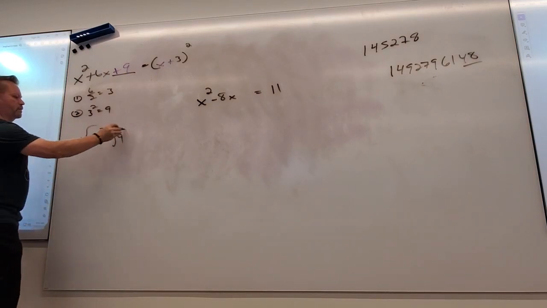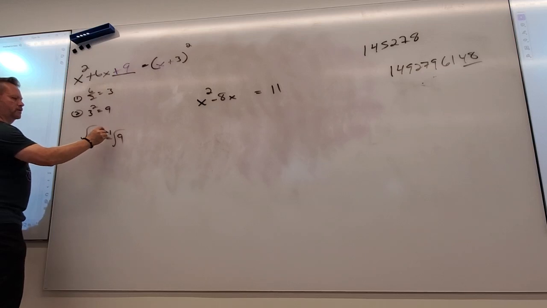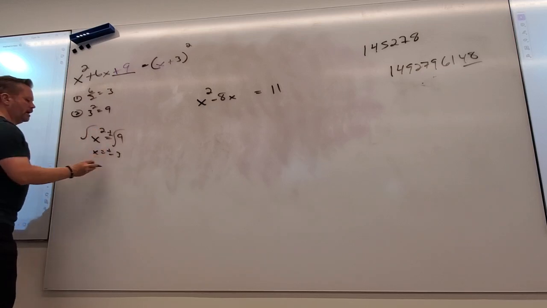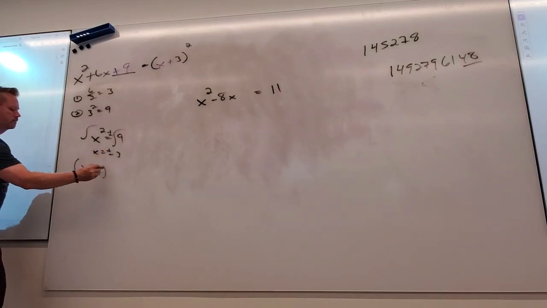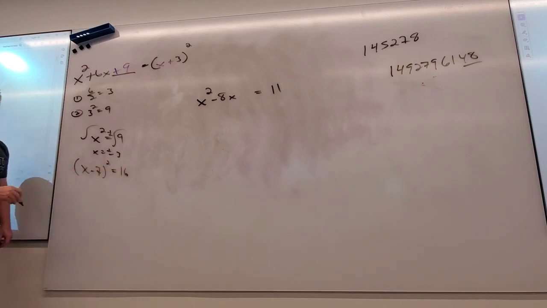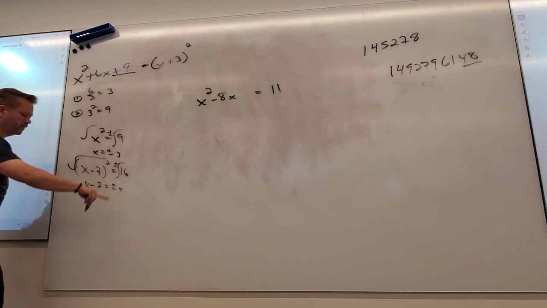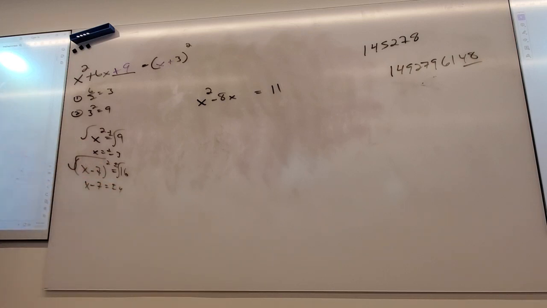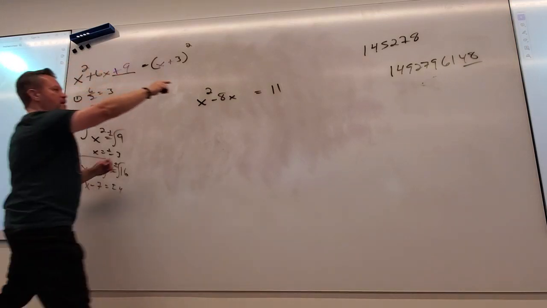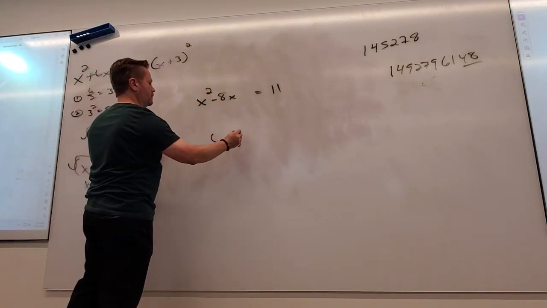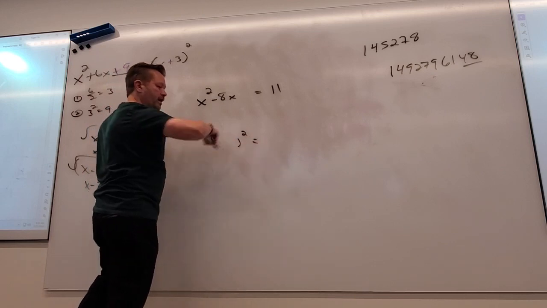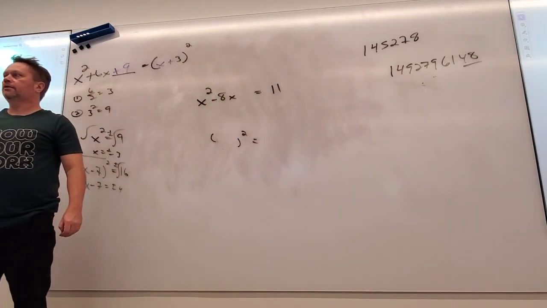Square root, and I have to remember plus or minus, so then I get x equals plus or minus 3. How would you solve this? I would still square root plus or minus. So then I get x minus 7 equals plus or minus 4, and then I add 7, and so on. So if I can make this side become something squared equals a number, I can just square root both sides.